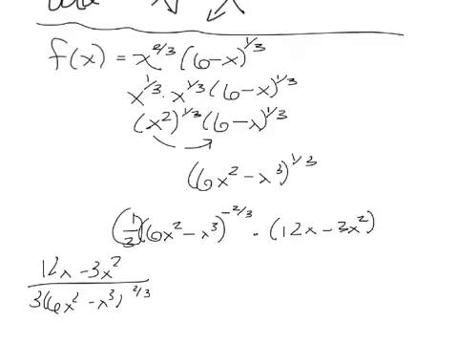We can then reduce that further. The 12, the 3, and the 3 is going to give us 4x minus x squared divided by 6x squared minus x cubed to the 2/3 power.